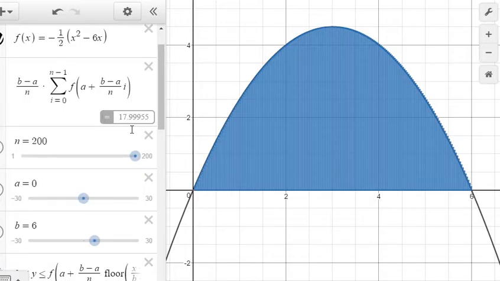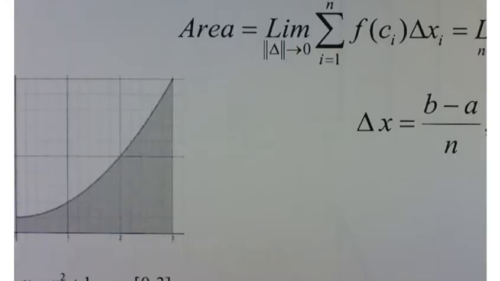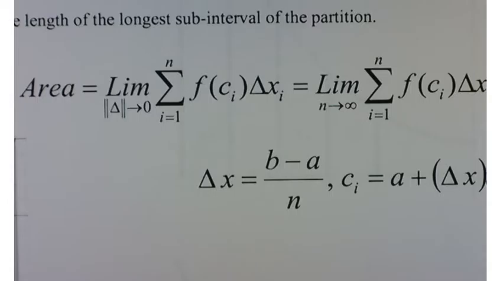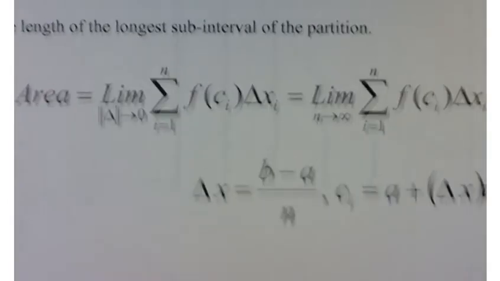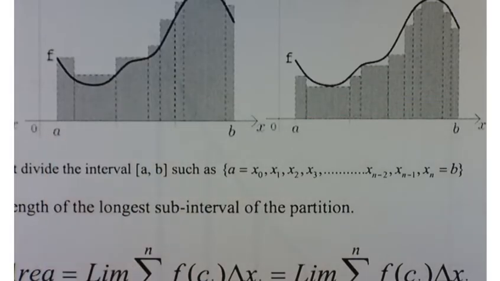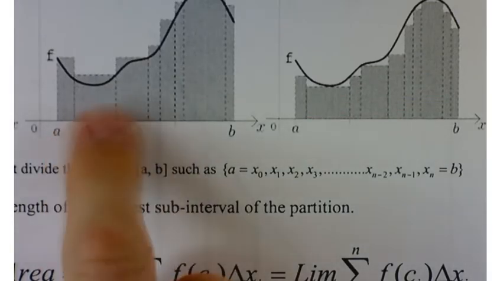All right, but how do you show that without all this fancy stuff? How do you show it with methods more akin to calculus? Let's talk about that next. So one of the things we're going to need in calculating this area is an expression for the area of each of these rectangles.